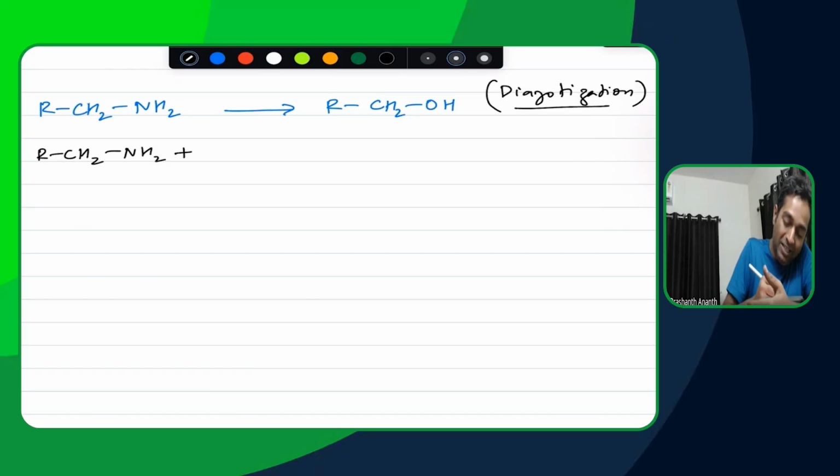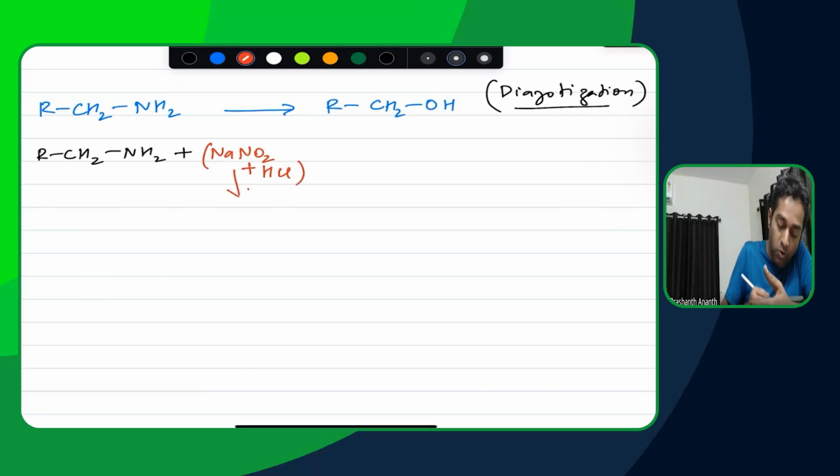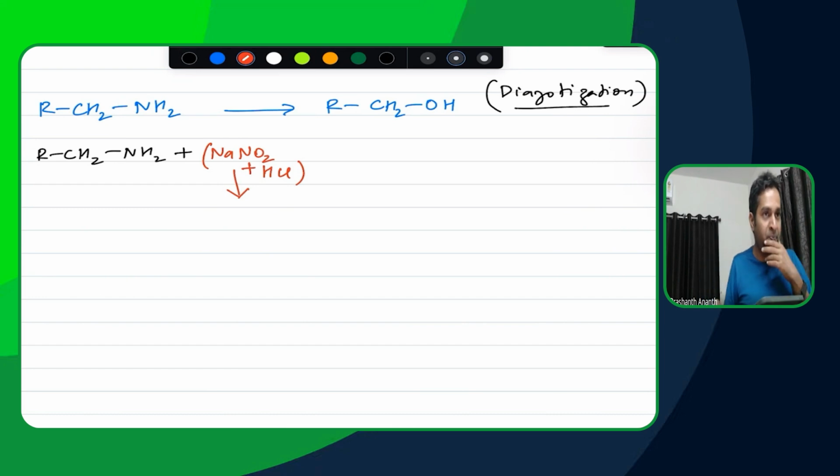Now let's look at what is really happening here. You're going to be having a reaction of this with NaNO2 plus HCl. Let's look at what NaNO2 plus HCl really is. NaNO2 is a salt of HNO2 and NaOH.